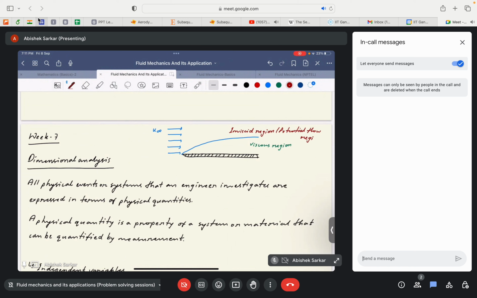There may be some terms that are quite new to you, for example potential flow, which we'll eventually see when dealing with boundary layer or potential flow theory.